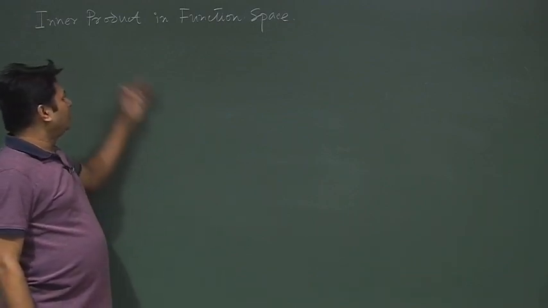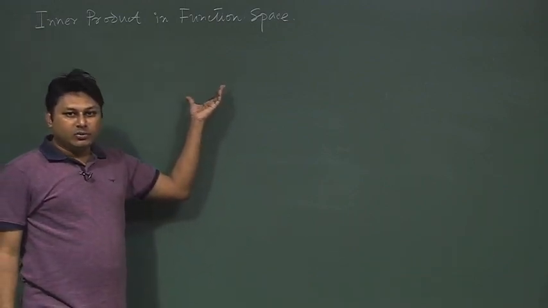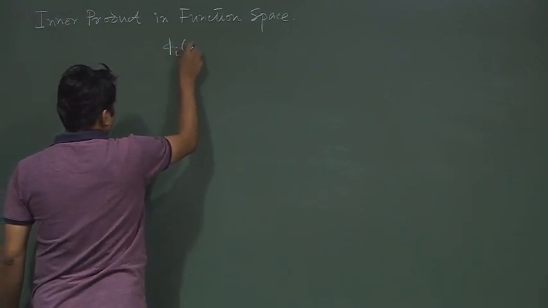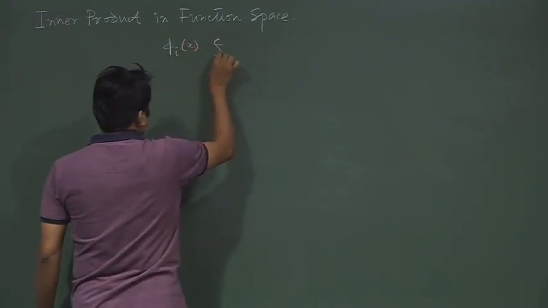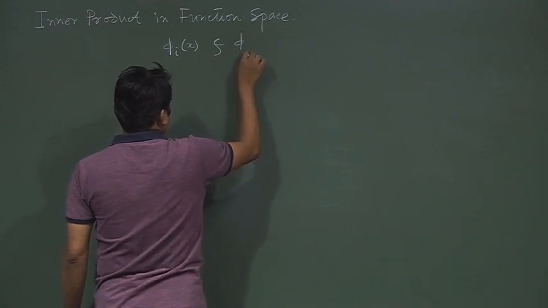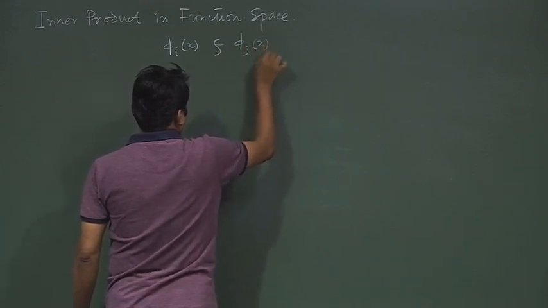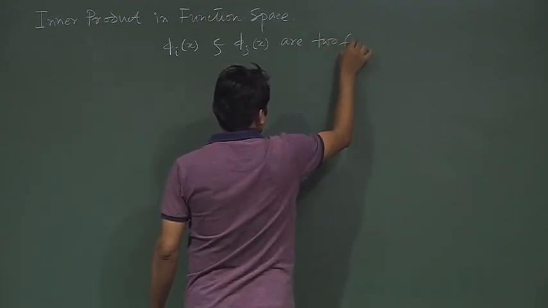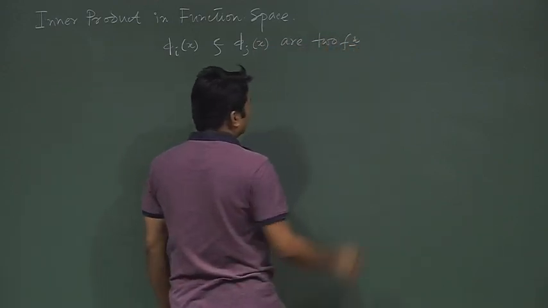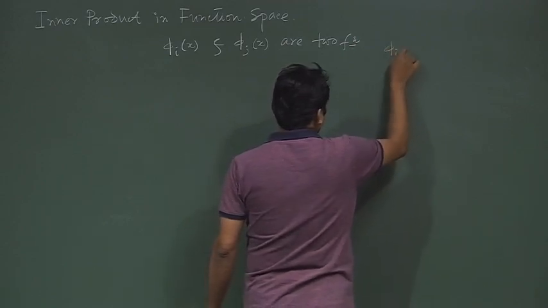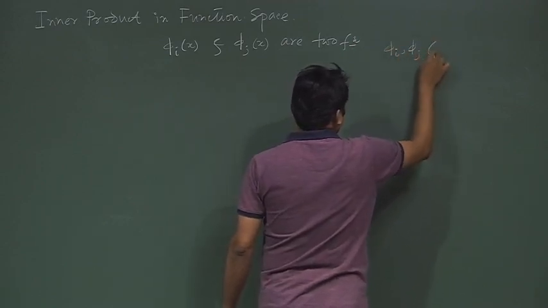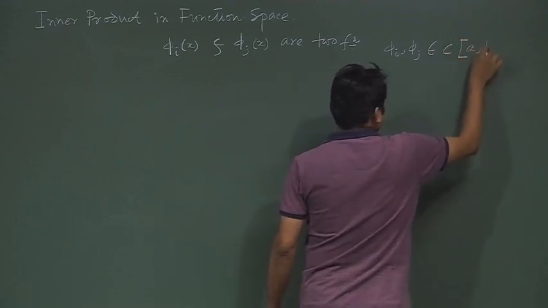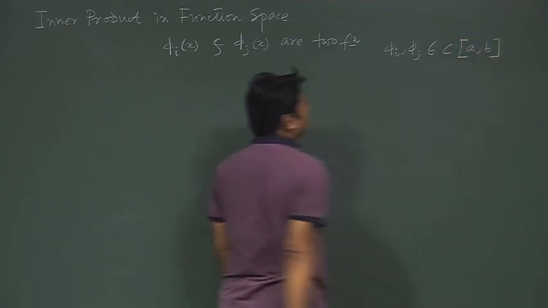So now I need to define what is the meaning of inner product in function space. Say phi i x and phi j x are two functions. Both phi i and phi j belong to the set of continuous functions in the closed interval a b.